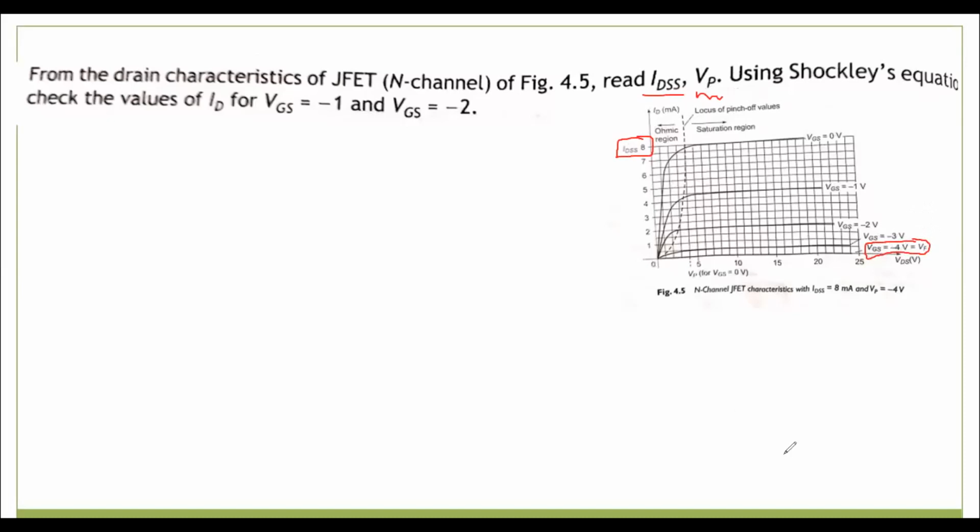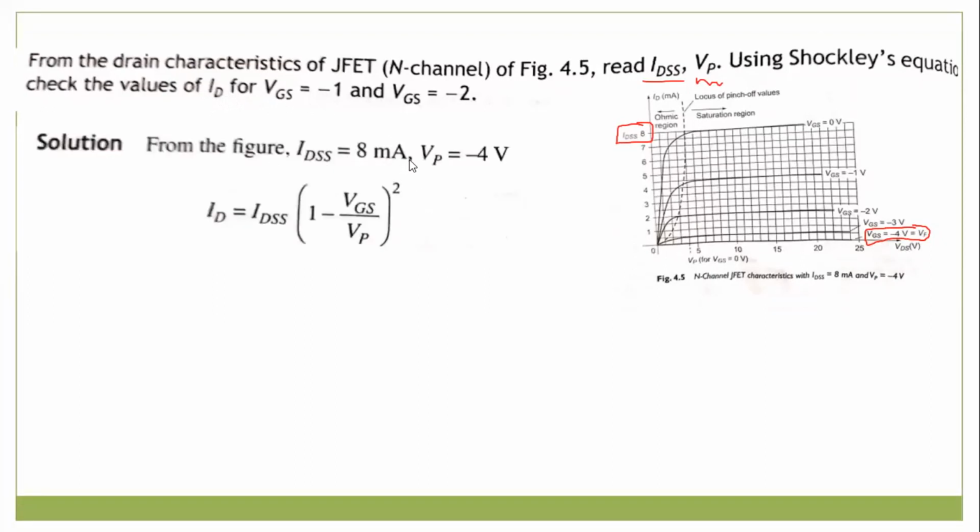Once we have the data, we'll go for finding the value of ID at VGS equal to minus 1. Here, the data I obtained from the graph are IDSS equal to 8 milliamps and VP equal to minus 4.